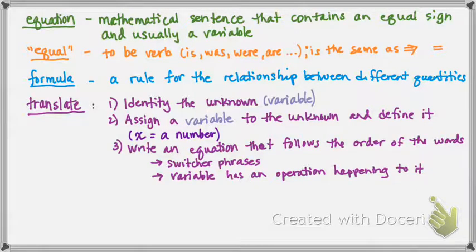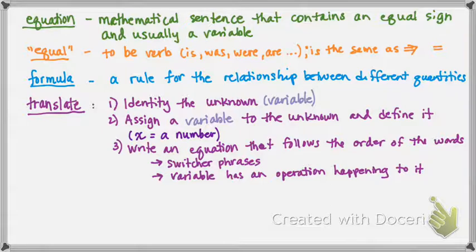So that's extraordinarily rare over decades of me looking in math books, okay? So when you translate, you're not trying to figure out what you're going to do to solve the problem. You're just writing what it says in the order that it says it. The only time the order will change is if it's a switcher phrase, okay?